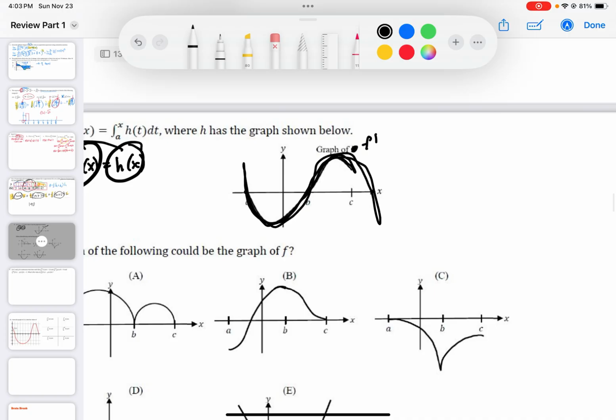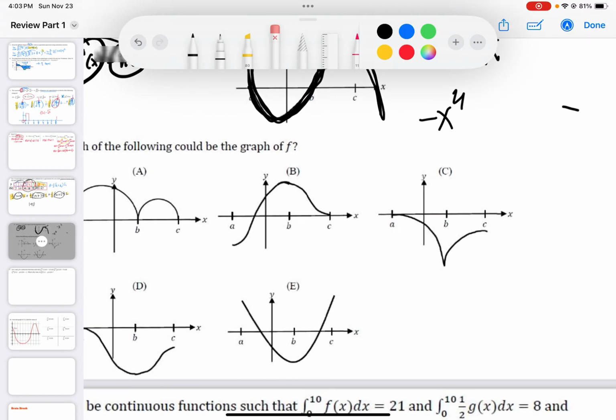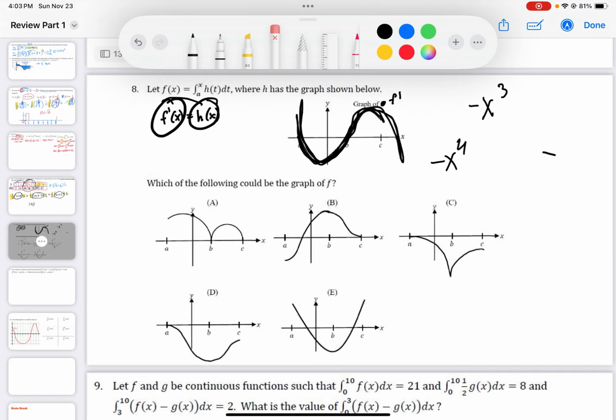So it's usually like a cubic, and it maybe looks like a negative cubic. So that means the antiderivative would be like a negative quartic. So something like that, exponent 4. But I don't have that whole graph necessarily, so maybe that's not helpful.